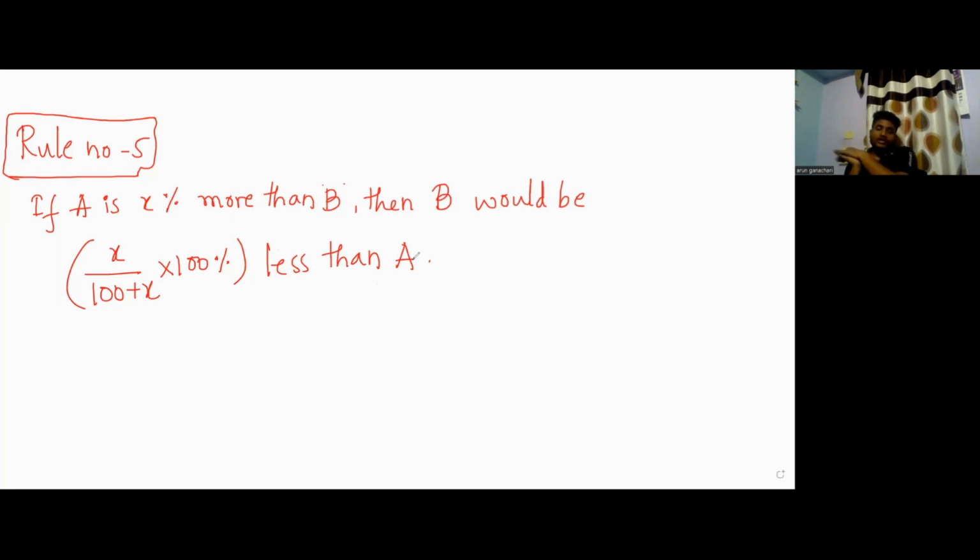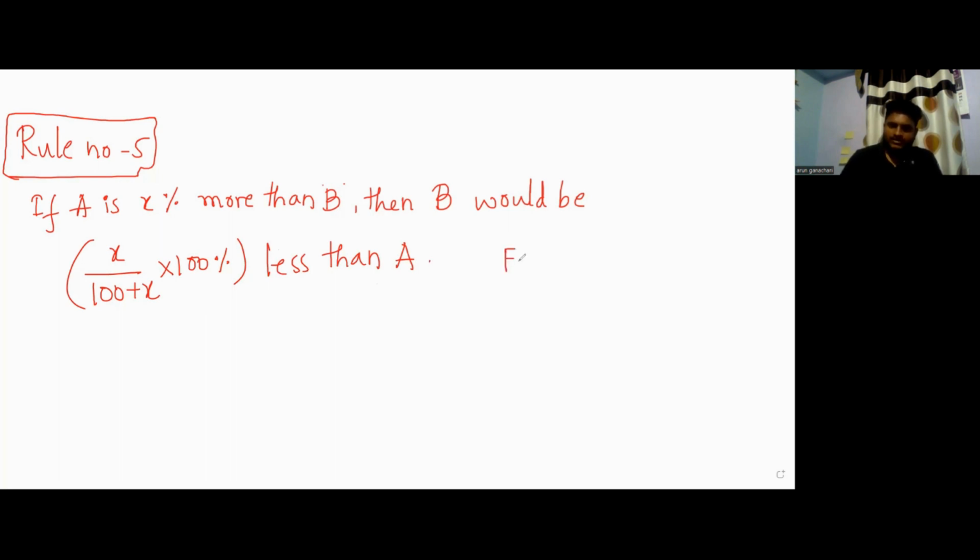I'll tell you why and how it is being used. If A is X% more than B, then B would be how much percentage less than A? It will be X upon 100 plus X into 100% less than A.